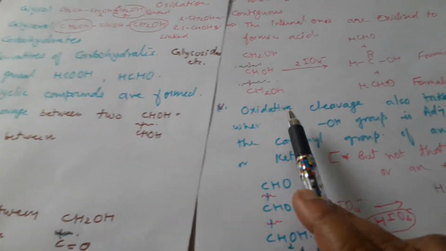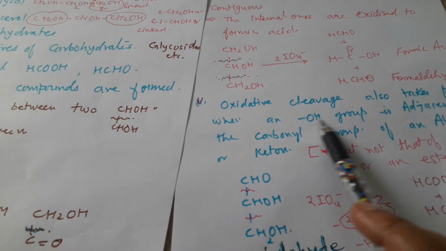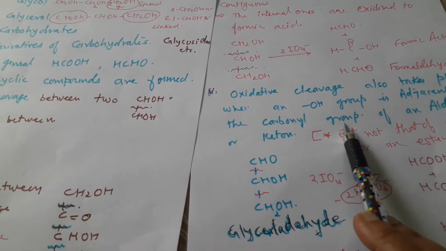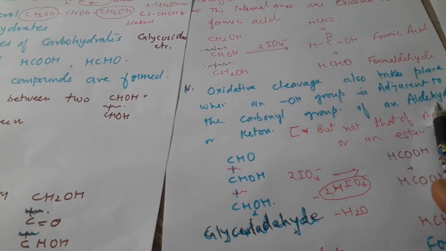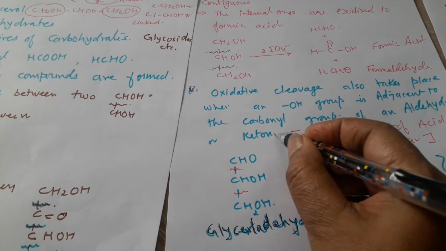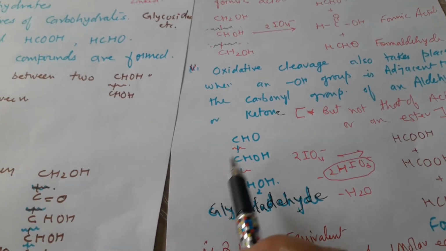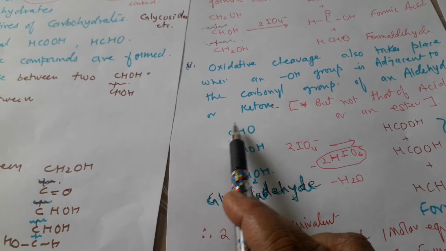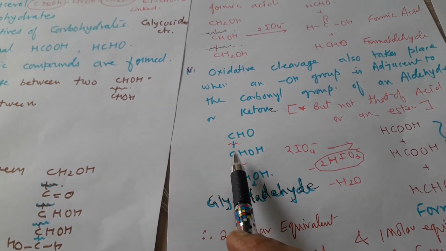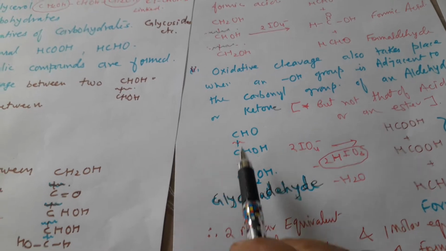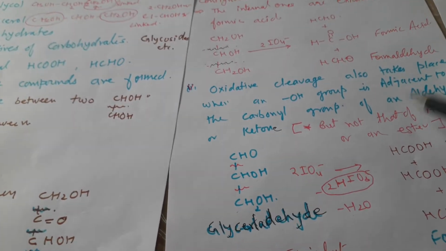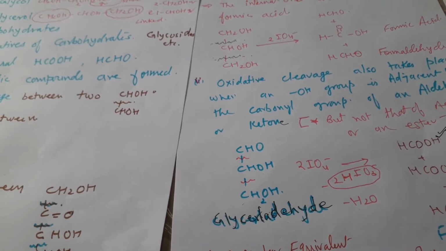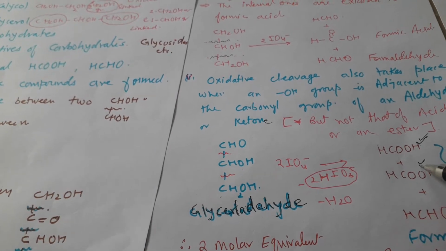Now, oxidative cleavage also takes place when an OH group is adjacent to a carbonyl group. It can be an aldehyde or it can be a ketone. Right? So see here, CHO, CHOH, CHOH and CH2OH. This is an aldehyde group, and these two are a secondary alcohol and a primary alcohol. So the CHOH group is oxidized to formic acid, and this is also oxidized to formic acid.